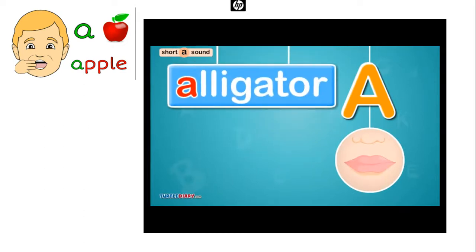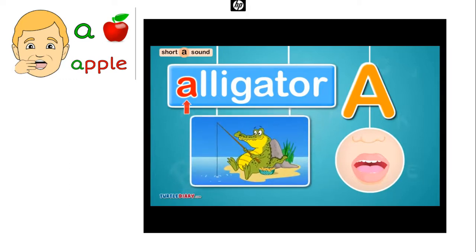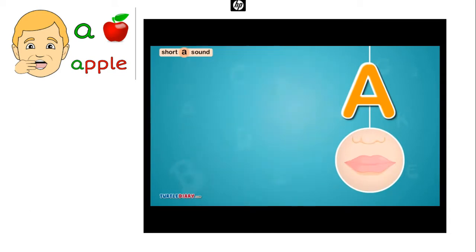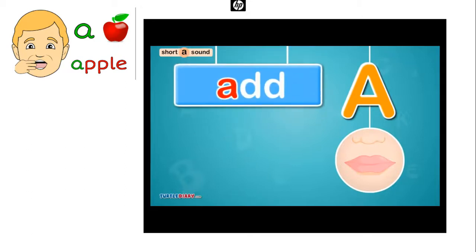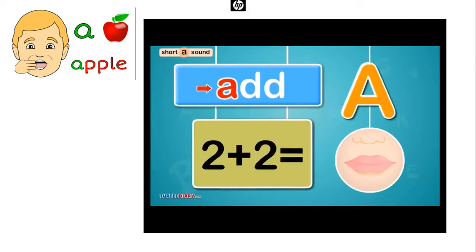Click on the letter that makes the short ah sound. Alligator. Click on the letter that makes the short ah sound. Add.